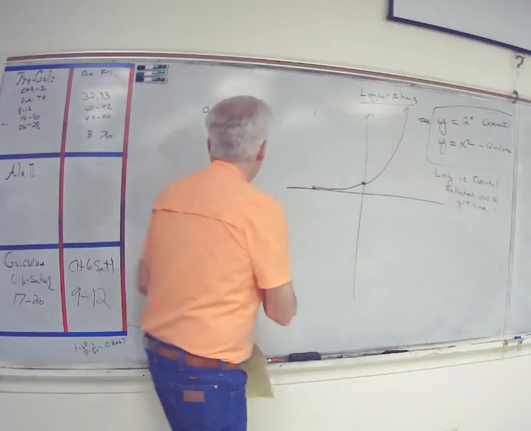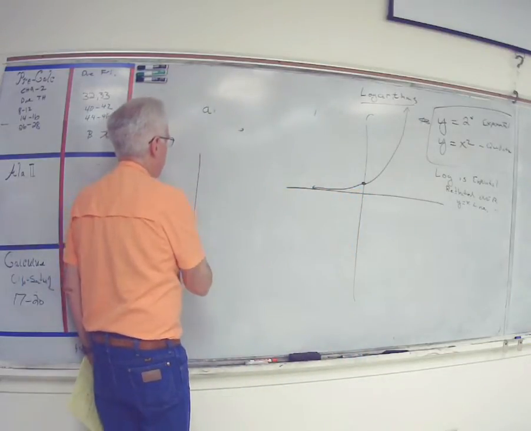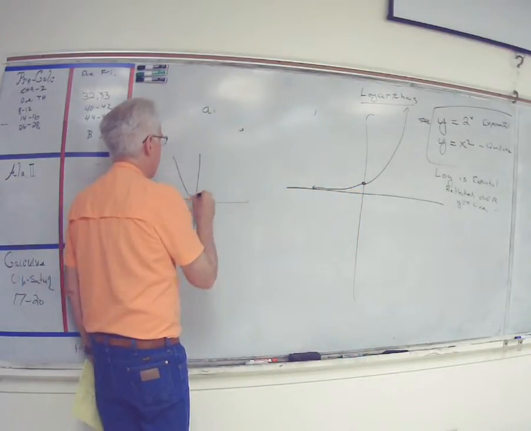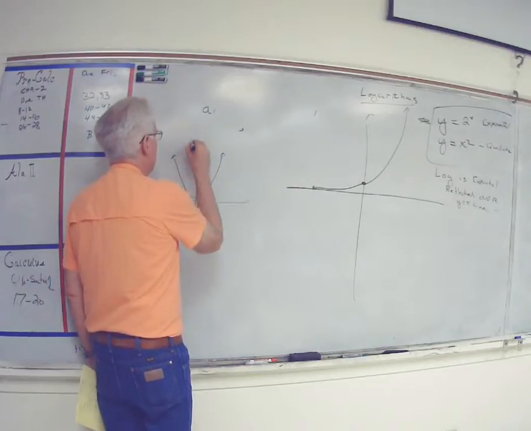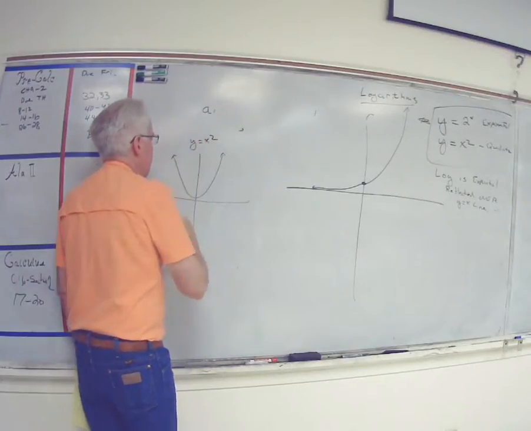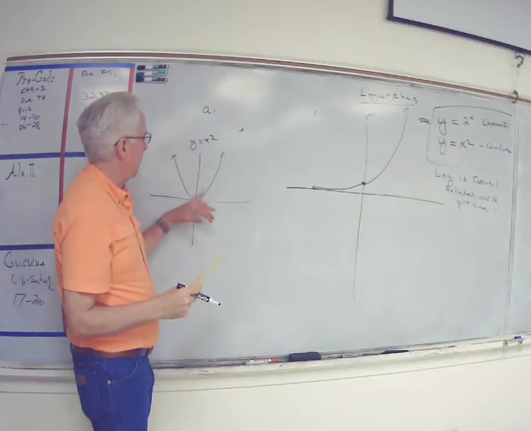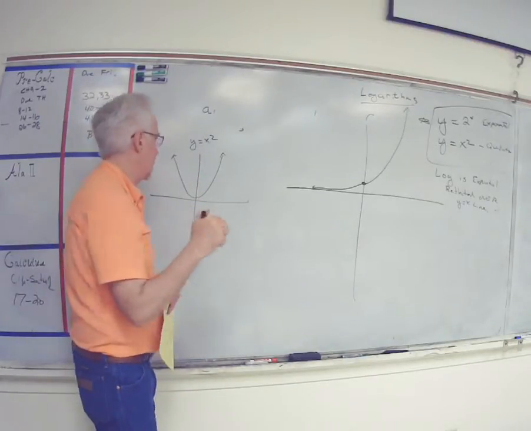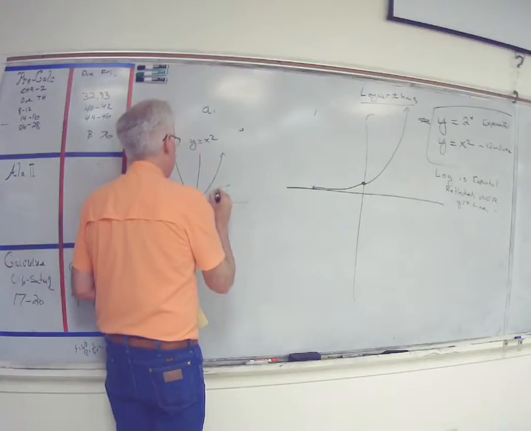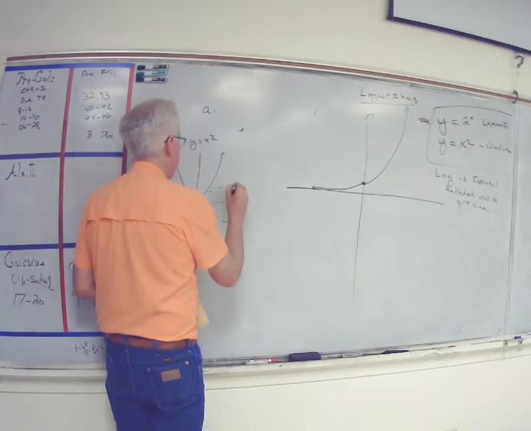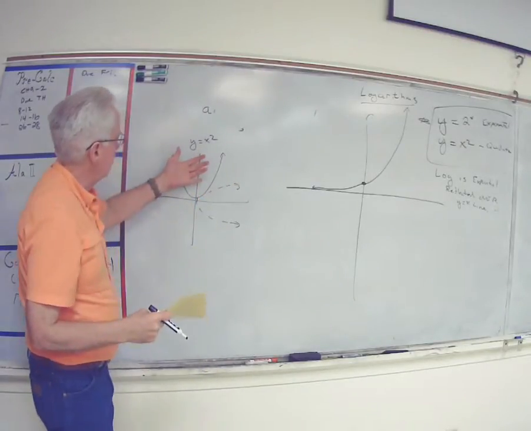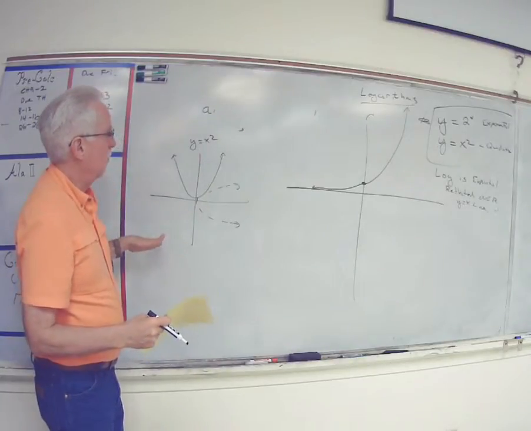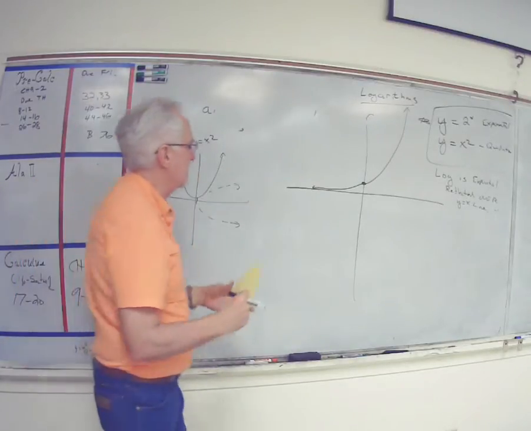Let's think of a quadratic. This is y equal x squared. Same type of thing. What is the reflection of the quadratic? It's the square root, right? And so you would end up with something like this. It's kind of like taking this and laying it over y equal x. Well, it's the same thing.